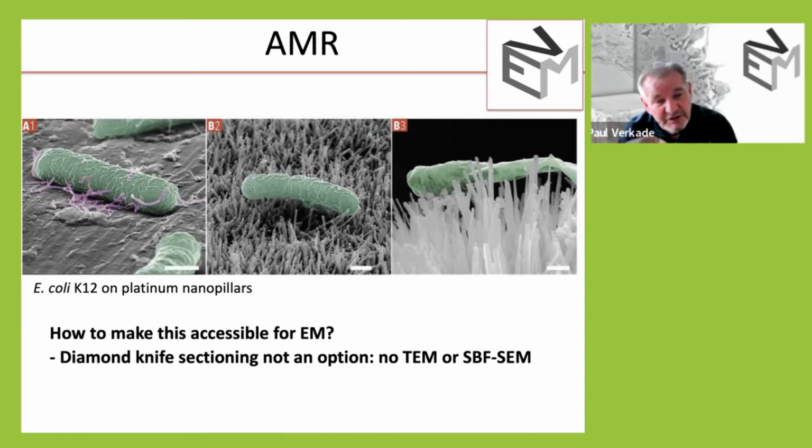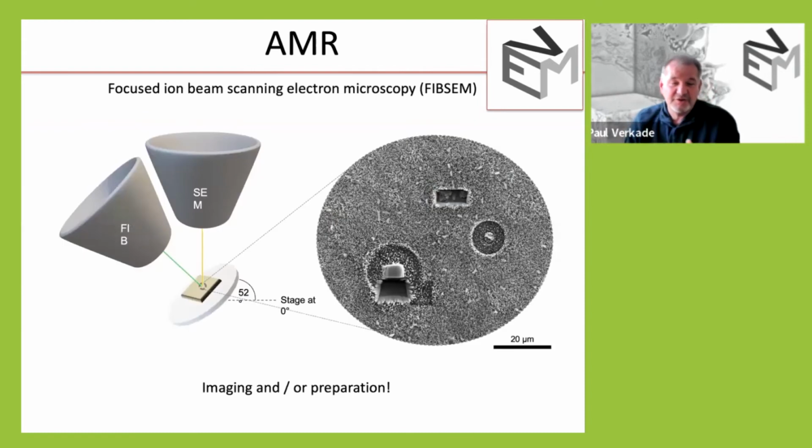So that's where we went to focused ion beam SEM. That's really where you use the power of a gallium ion beam, for instance, in this case, to mill away part of your material so that you have a smooth surface again that can be analyzed using the SEM.